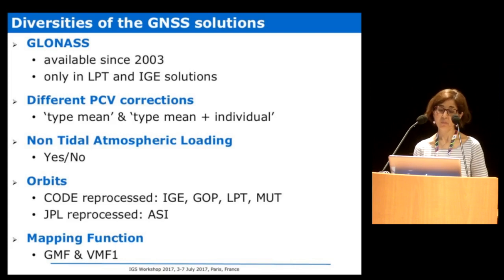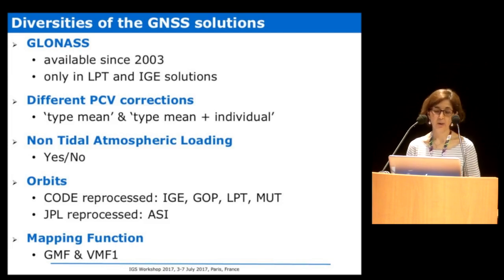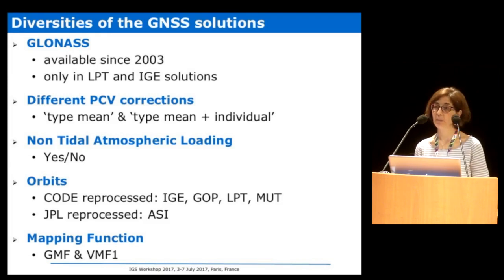Some have solutions with the IGS type mean antenna calibration and others with IGS type mean plus EPN individual antenna calibration, and in some solutions atmospheric loading was applied. As regards the orbits, IGE, GOP, LPT, and MUT used CODE reprocessed orbits, while at ASI, JPL reprocessed orbits were used. And for the mapping function, we have solutions with the global and the Vienna mapping function.